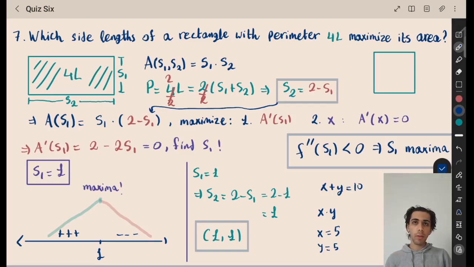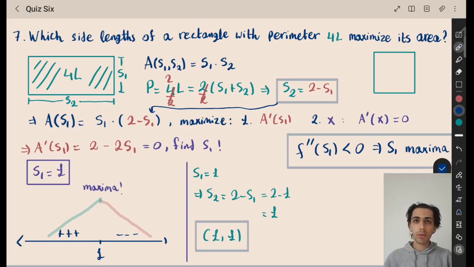You can do this in your mind. So maybe try 6 and 4, you get 24. Try 7 and 3, you get 21. But then indeed 5 and 5 is the right combination. The squares are the ones that maximize. Now this is not a part of the exercise here. I'm just giving you more and more intuition. And hopefully I was successful in doing this.